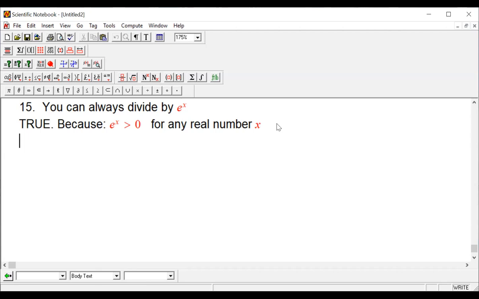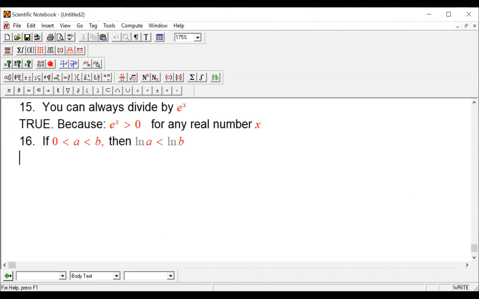Number 16, this gets interesting. If 0 is less than a, less than b, then ln a, natural log a, is less than natural log b.